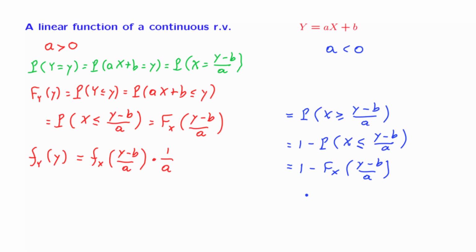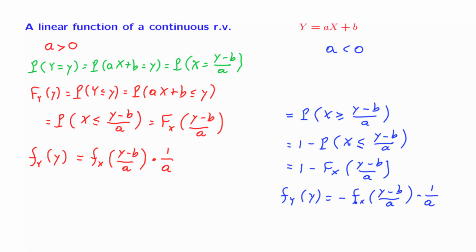We use the chain rule once more, and we obtain that the PDF of y in this case is equal to minus the PDF of x evaluated at (y minus b) over a, times 1 over a. Now, when a is positive, a is the same as the absolute value of a.